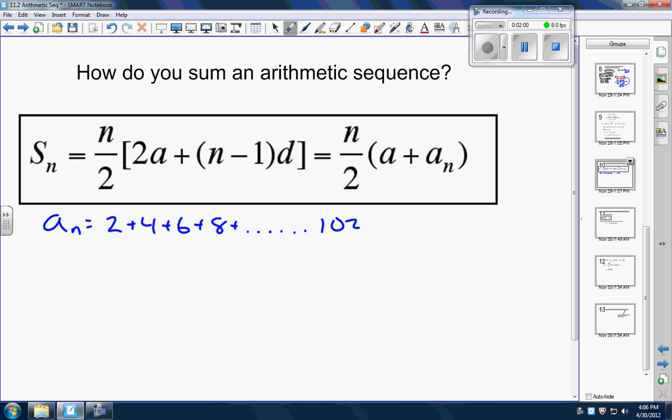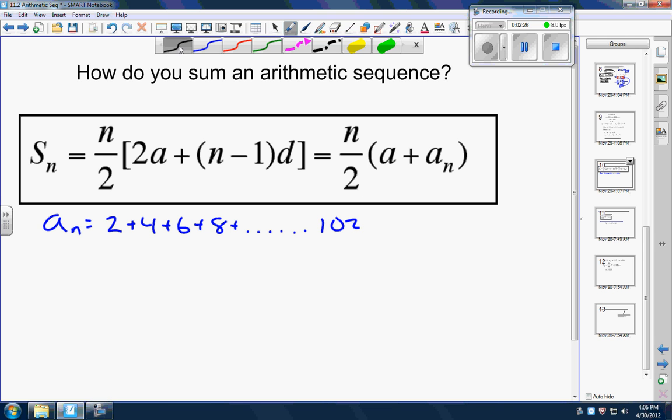There's two ways you can do it. So this first one is the n. So is it 20 terms? Is it 50 terms? Whatever. It's going to be cut in half. 2 times a, that's our beginning term, plus the n minus 1 times d. So we've seen this piece before. The other way to do it is just number of terms, cut in half, times first term plus last term.